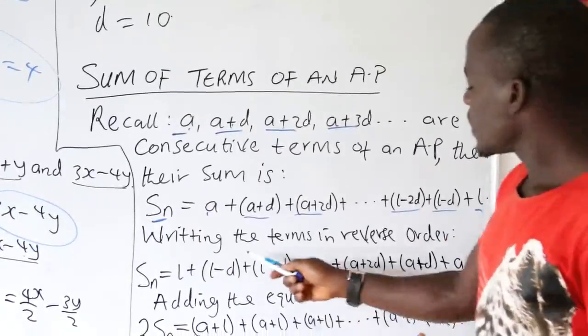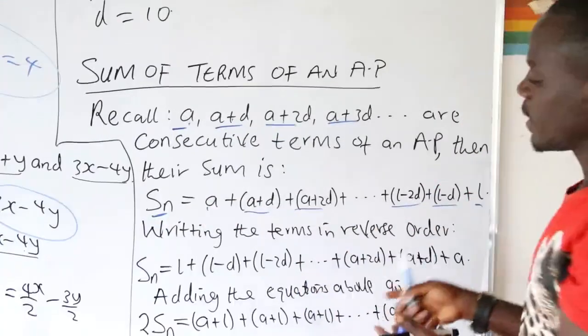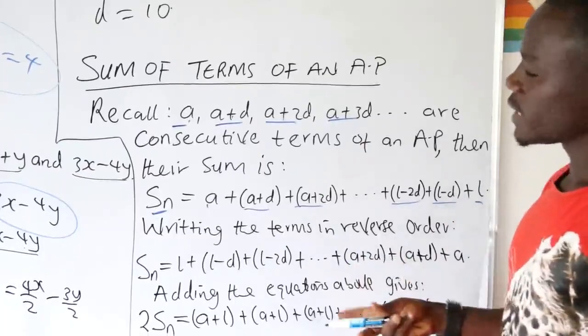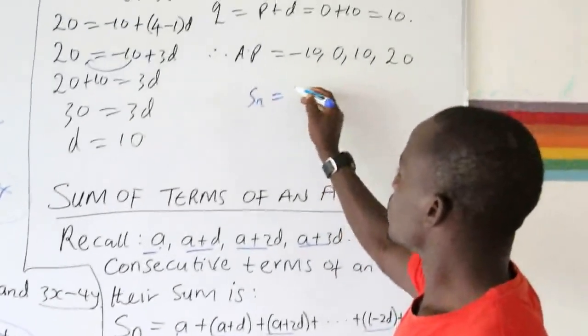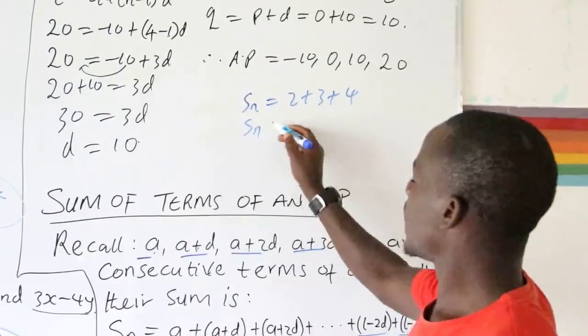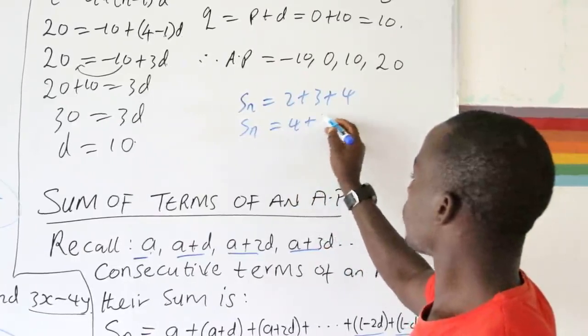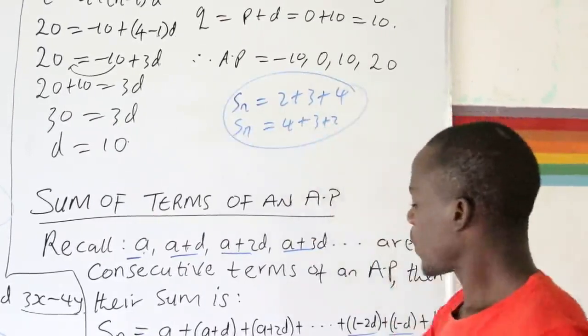Good. So writing the terms in reverse order, that is just reversing the terms we have here. If you just reverse it, we have not changed anything. Just like saying, if I say Sn is 2 plus 3 plus 4, I can reverse it and it will still be Sn, and I will have 4 plus 3 plus 2. So just reversing what we have here.